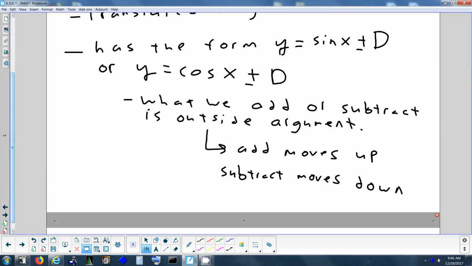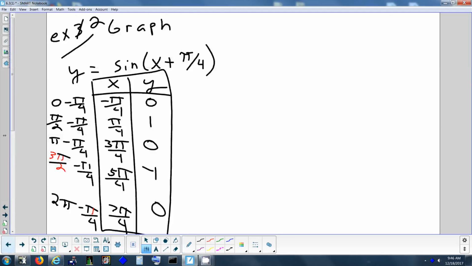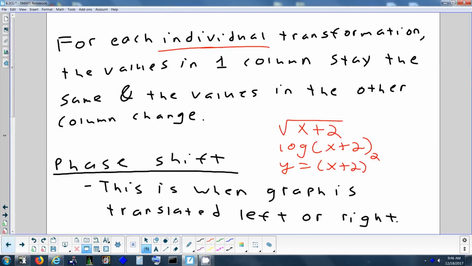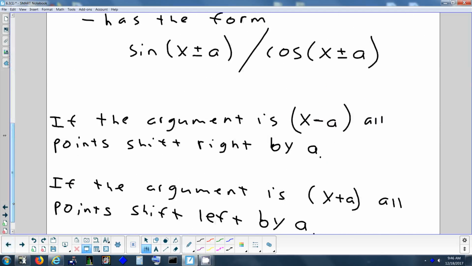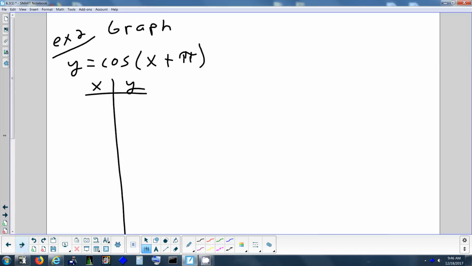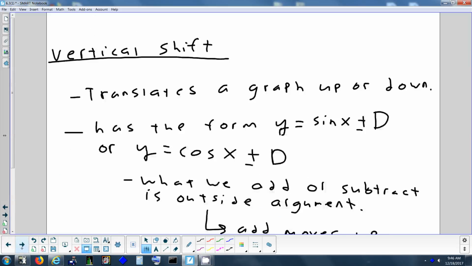And the reason I put D for the vertical shift, and I think I used A for the phase shift, is because once we learned all 4 transformations, you're going to have to do them in a certain order. Well, I'm kind of telling you the order as we go. So phase shift would always be first.